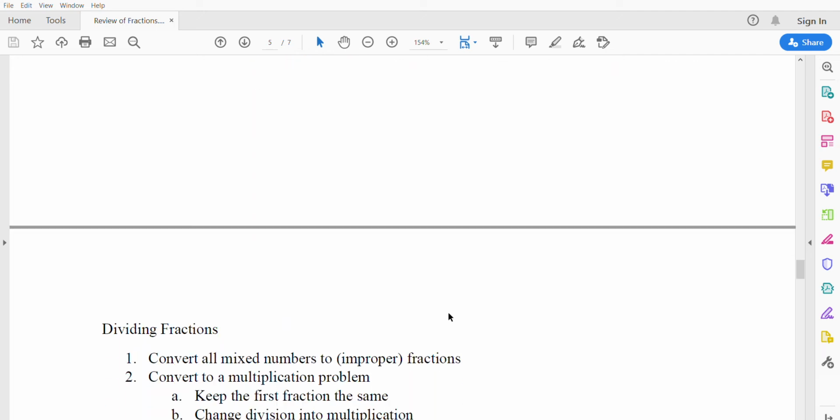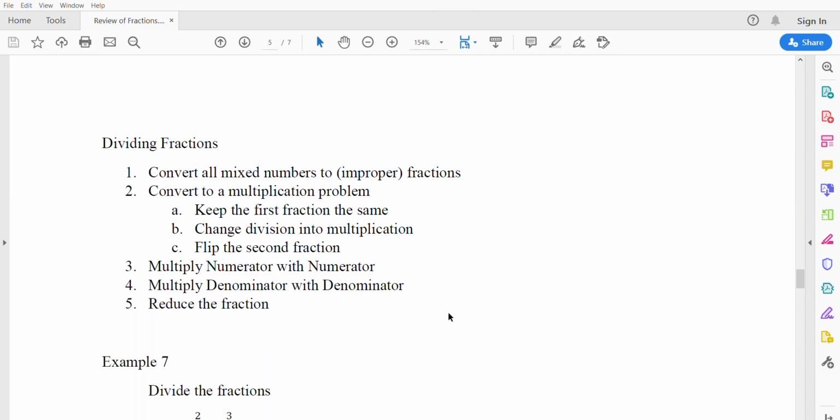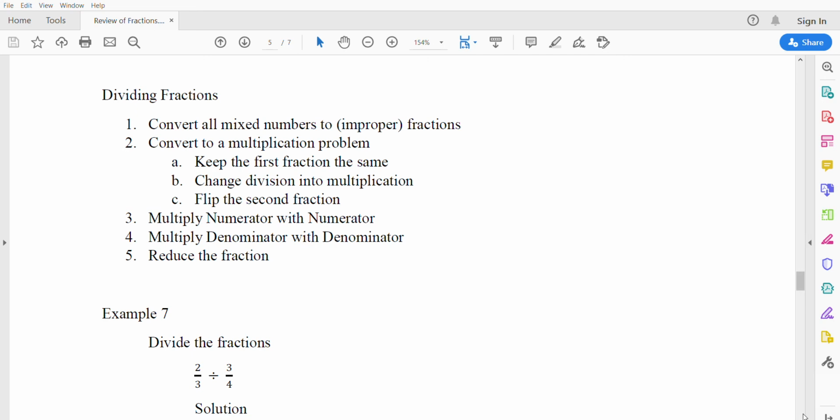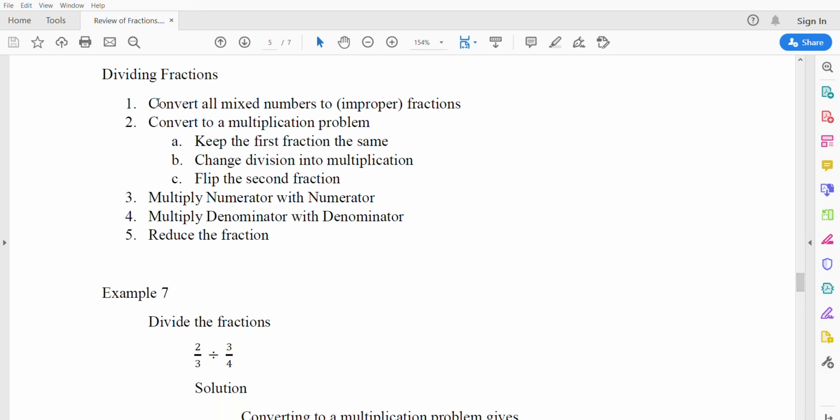All right, let's take a look at dividing fractions. To divide fractions, the first thing we want to do is convert all mixed numbers to improper fractions. After that, we are going to convert my division problem to a multiplication problem. The way that works is we keep the first fraction the same.